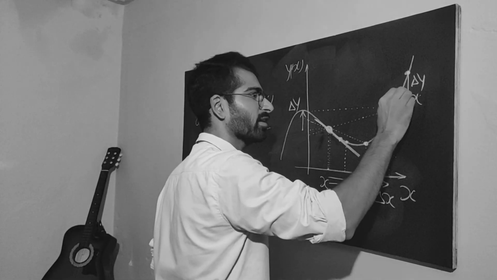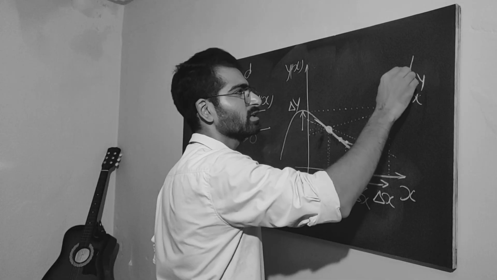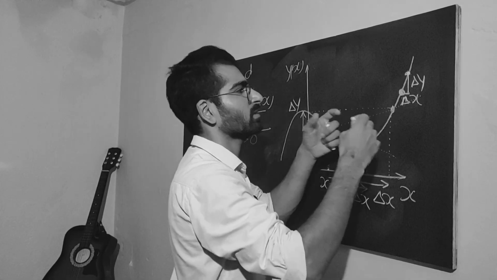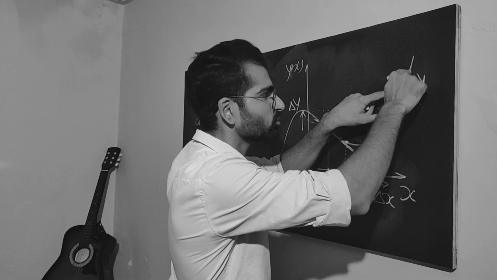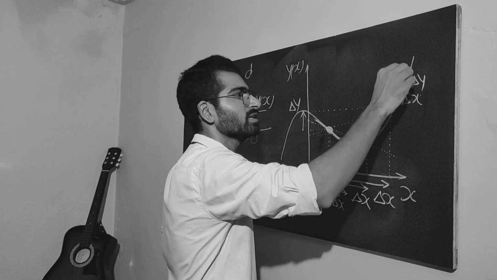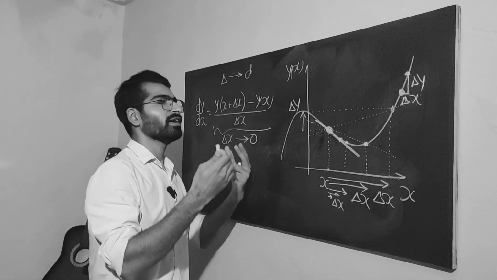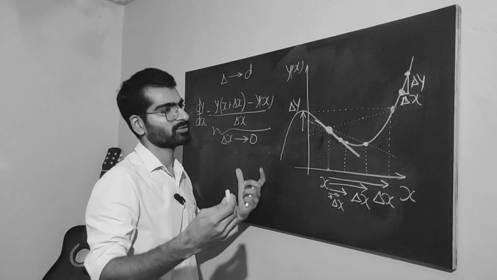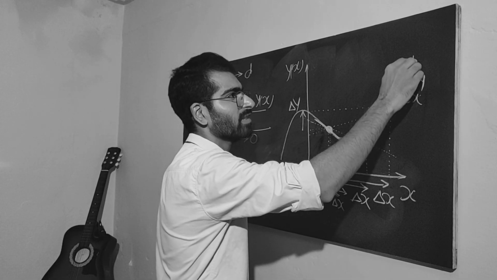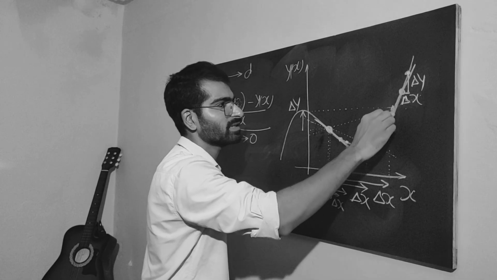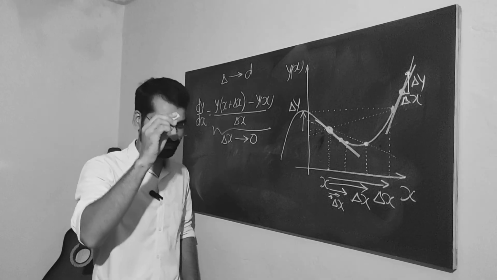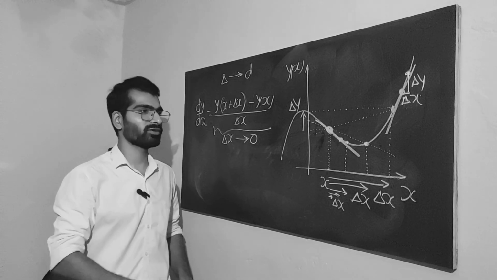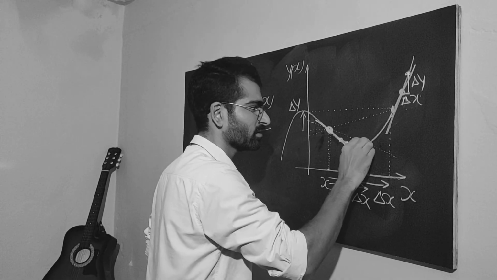And now again, your average slope between these 2 points becomes the instantaneous slope when you let delta x approach 0, and then that becomes the tangent to that curve.